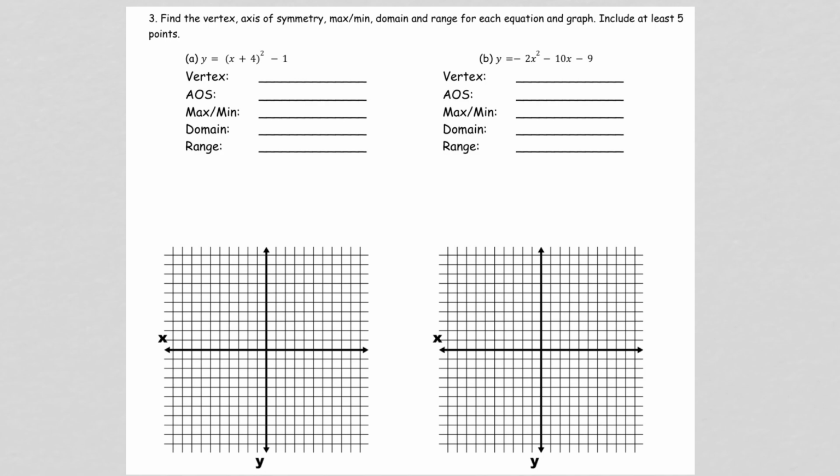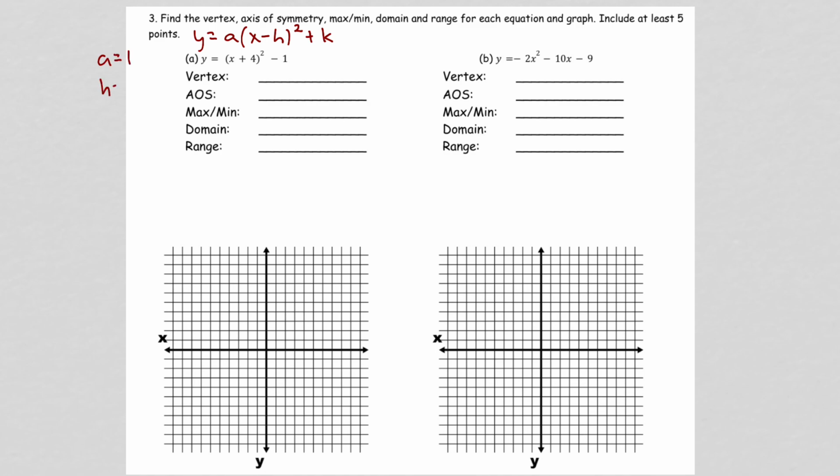First one, this one is in a form that is good for us to be able to graph. It is in the form y equals a open x minus h squared plus k. What I want you to see is that the a value is equal to 1.